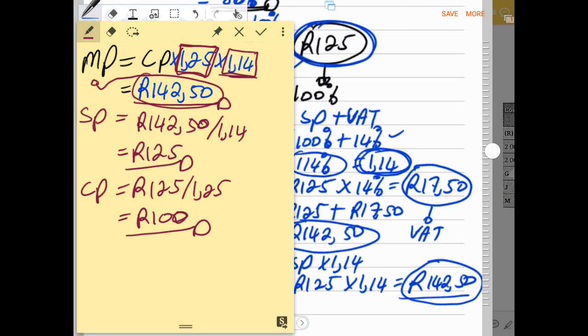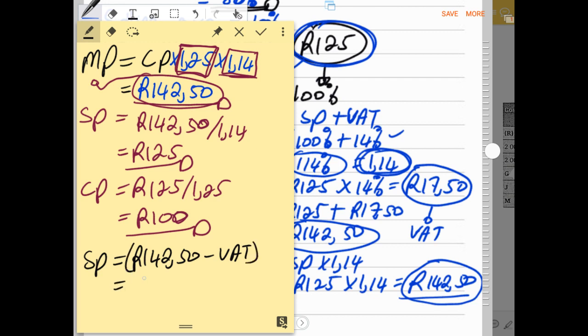However, if you wanted, you could have first calculated VAT. Then say, okay, selling price is equal to 142.50 minus VAT.